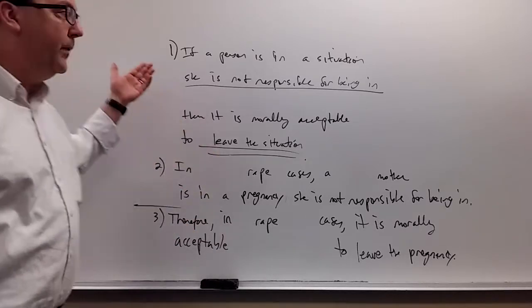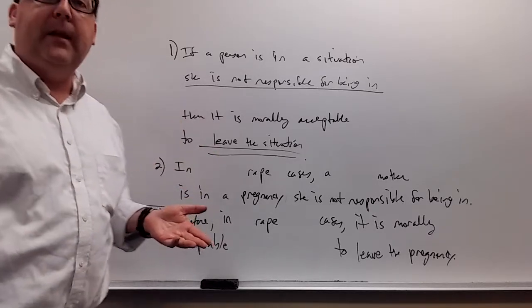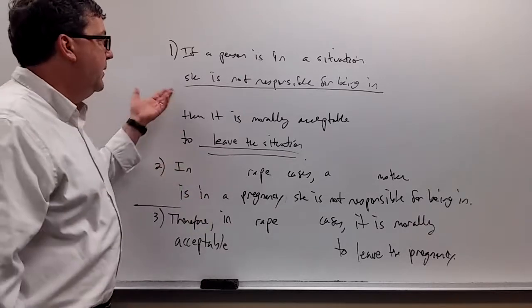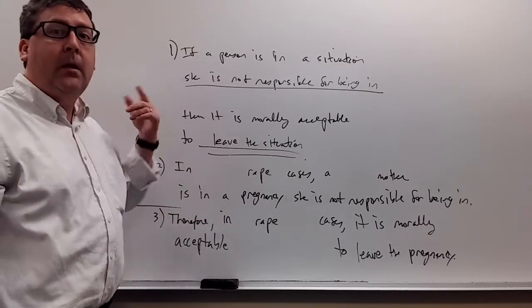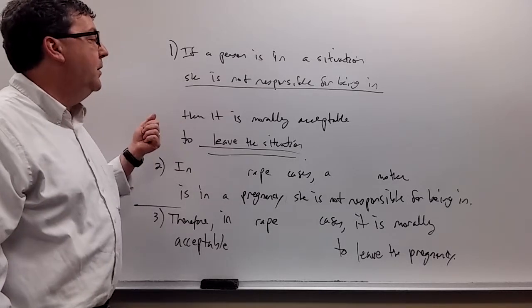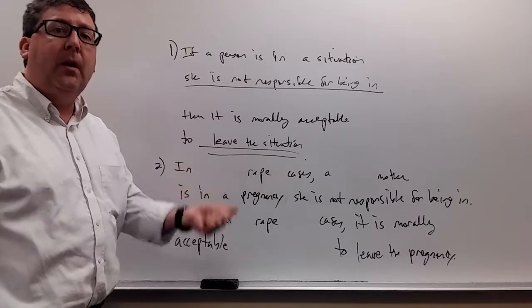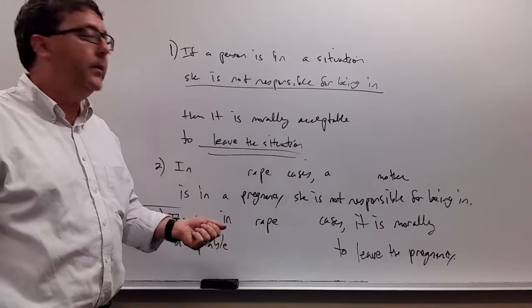So for instance, with this argument, someone might say, I don't think it's a good argument, I disagree with premise 1. Here's an example that's a problem for premise 1. Suppose that you come across a car accident that's not your fault, but there are people there who are injured.